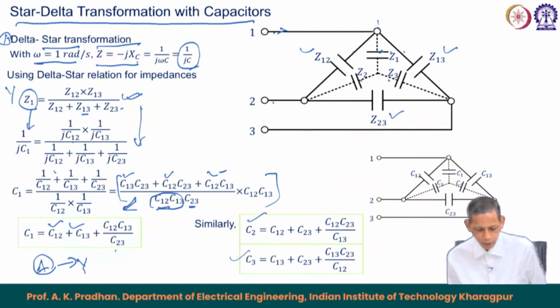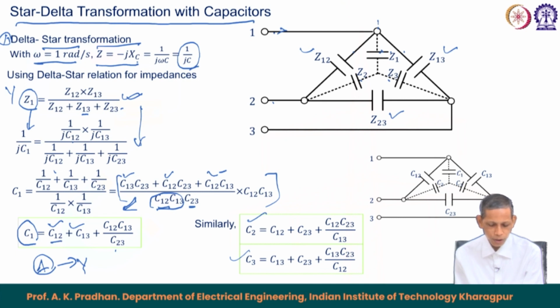So, what we see here is that, unlike the resistance and impedance relations, for the star case we get the summation of the corresponding capacitances connected to C1, that is C12 and C13, in the relation C12 plus C13 upon C12 C13 C23. So, the C1 in star is C12 C13 plus C12 C13 upon the third one, C23.